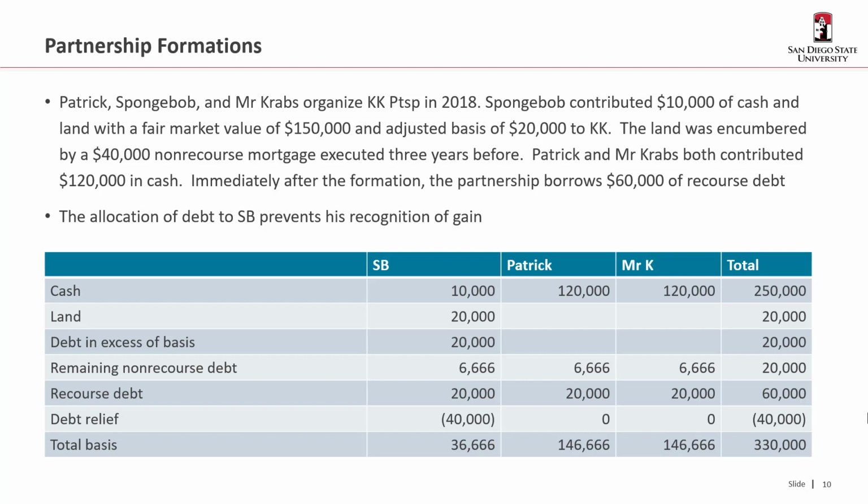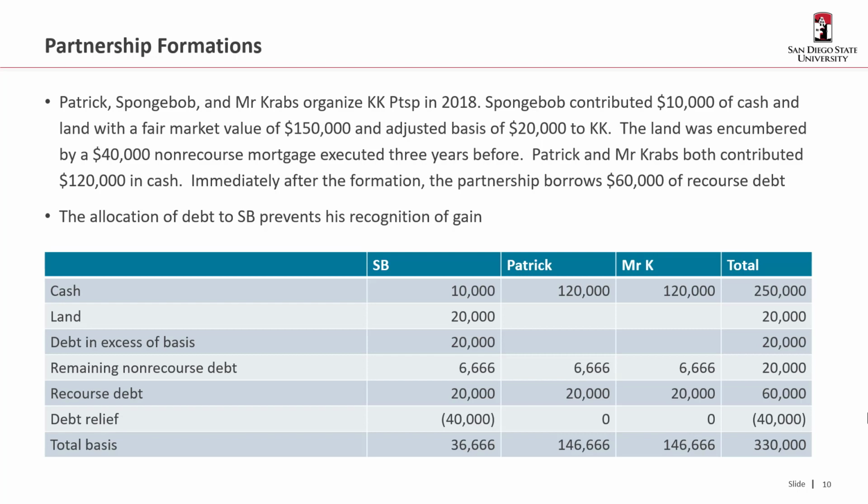So SpongeBob gets basis for the $10,000 in cash. He gets basis for the $20,000 in land. In this case, the amount of debt that was attached to the basis of that property is in excess. And so $20,000 of that gets baked into his basis. The remaining non-recourse debt, so there's an additional $20,000 of that non-recourse debt that's going to be divided evenly amongst the three of them.